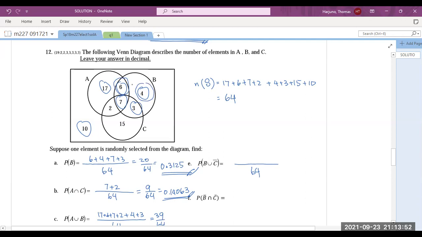But that's an or. If it is an or, we just need at least one circle, right? So the ones in B are 6 plus 4 plus 7 plus 3 elements, plus the ones outside of C that are not counted yet, plus 10 plus 17.